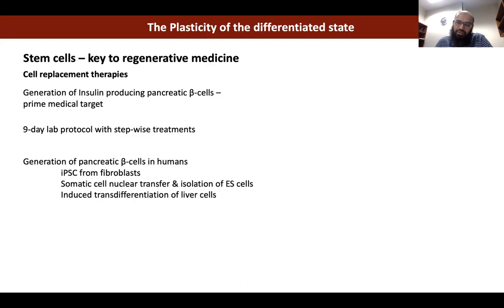And then this FOXA1 transcription factor forces the expression of the PDX1 transcription factor, which is a pancreatic beta cell transcription factor. But the problem was that during this induction of differentiation, only very few cells, about 5% of the cells, eventually end up expressing the PDX1 transcription factor.